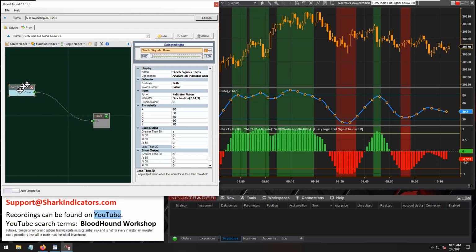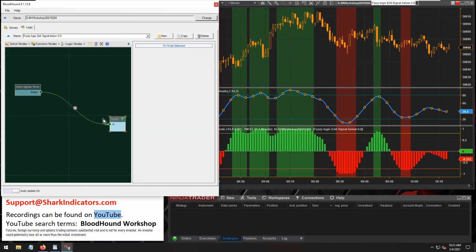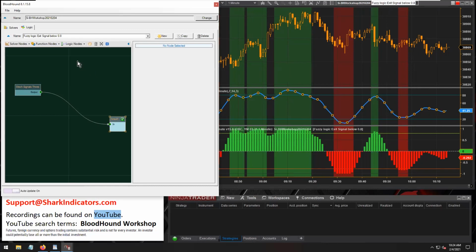All right, so here's my entry signal source. And so the next step, now we can start building the exit logic. To do this, I'm going to need to use the relational node here.